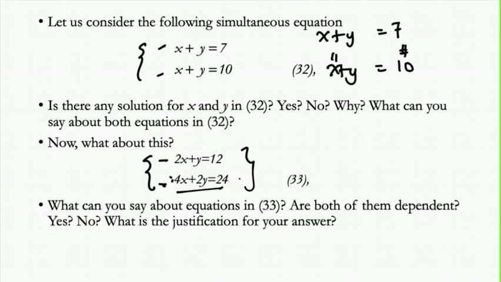So is it possible for us to find the solution for x and y? It's not possible, because they are functionally dependent. The first one, they are not consistent. The second one, they are functionally dependent.